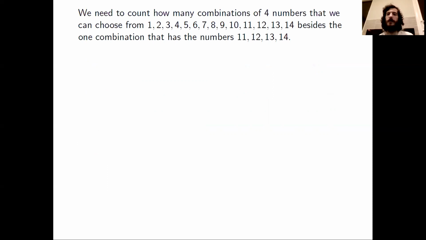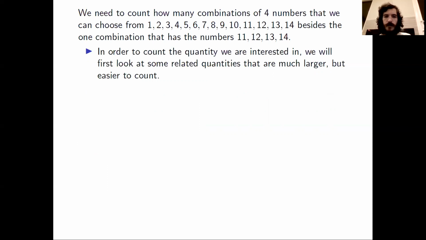So what do we need to count to answer that question? We just need to count how many combinations of 4 numbers are there that we can choose from 1, 2, 3 up to 14, except for the combination that has the numbers 11, 12, 13, 14. In order to count this quantity, we can first look at some related quantities that are a lot larger, and then we can try to modify those to get the quantity that we want.